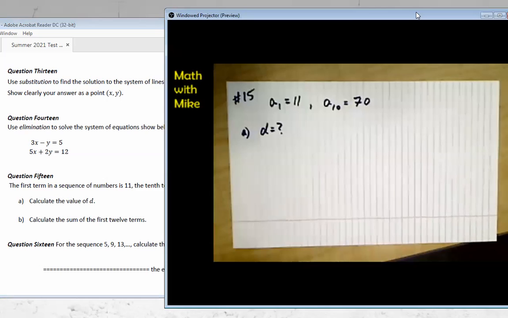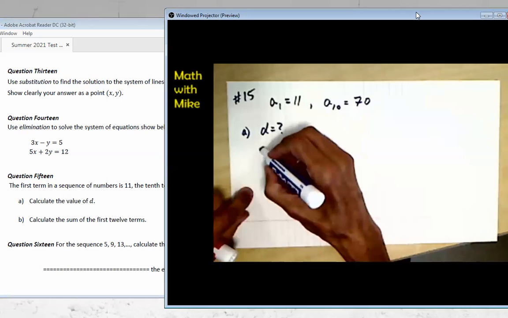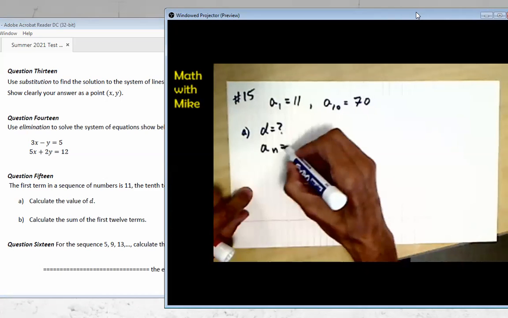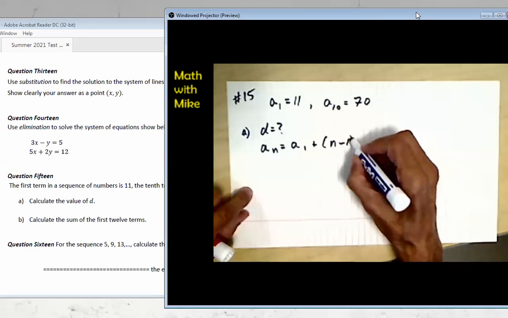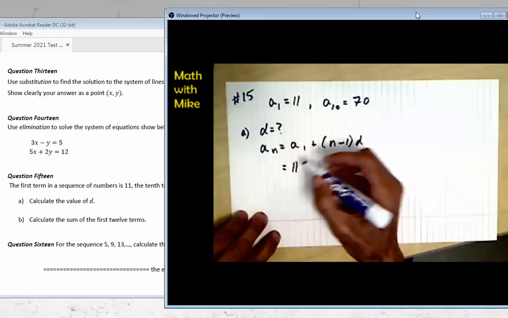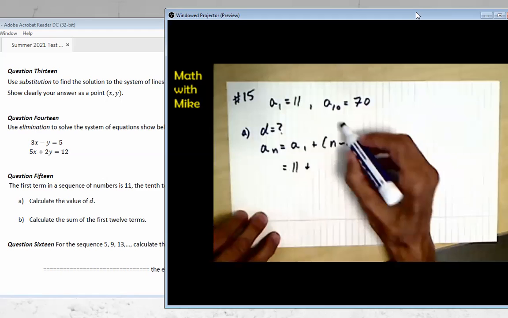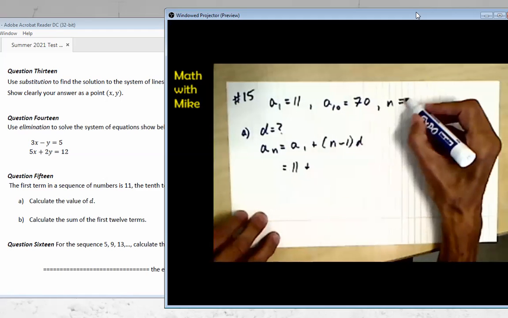So first term's like that. 10th term is that. Got to find what D is. Well, I happen to remember, and hopefully you do too. With an arithmetic sequence, we can write it like this. And so we get 11 there, plus hidden in here, n is equal to 10, right?